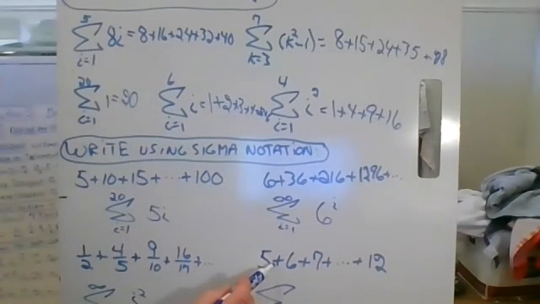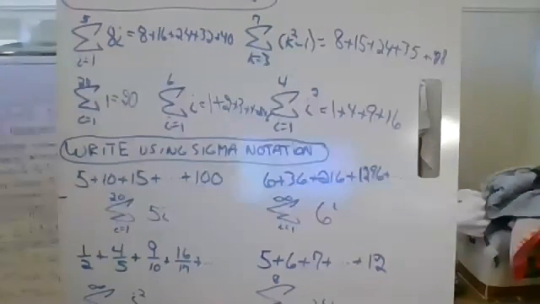When i is 1, you need to come up with 5, so it's simply i plus 4. Now 5 becomes your first term, which is 4 less. 12 becomes 4 less, your 8th term. So you have to figure out that upper limit. So it's sigma, i equals 1 to 8 of i plus 4.